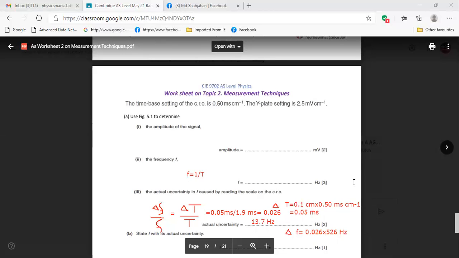So we got here the actual uncertainty. Done. This part only, you can take a snap and send it to our group. Yes, sir.